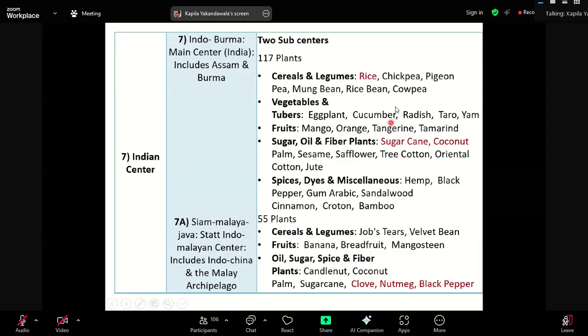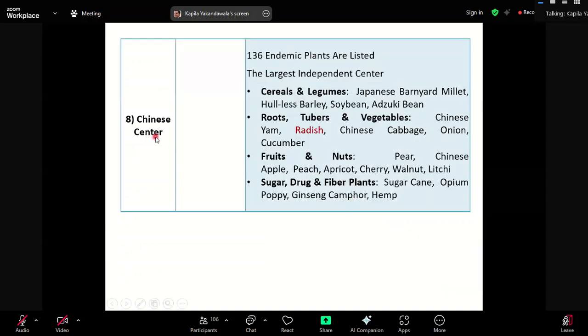Indian Center: rice, sugarcane, coconut, clove, nutmeg, black pepper. Final center, Chinese Center: radish.